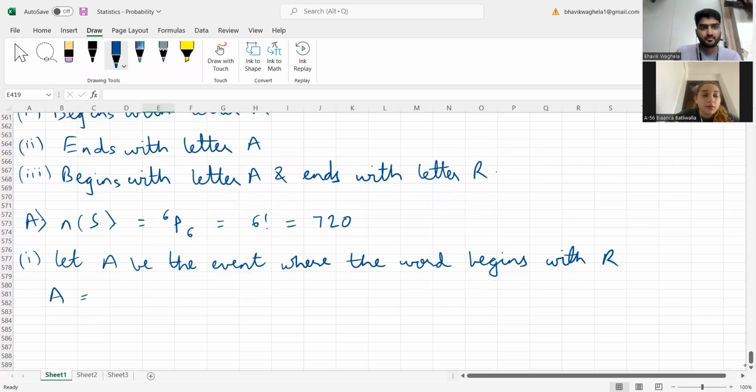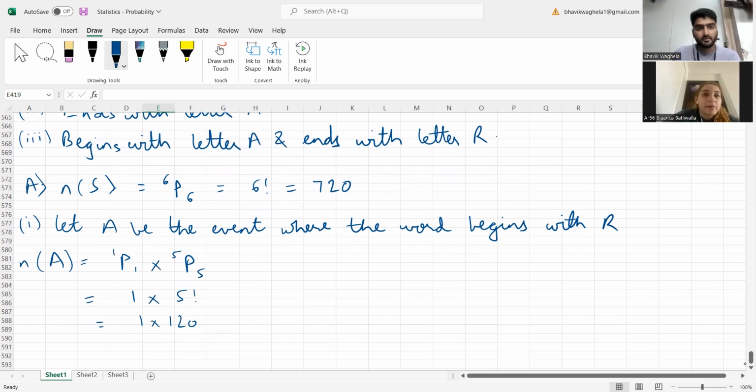N of A. 1P1 into 5P5. Perfect. What is 1P1? It's 1. And what is 5P5? 5 factorial. And 5 factorial is 120. So our N of A is 120.